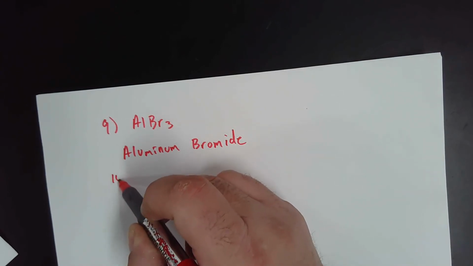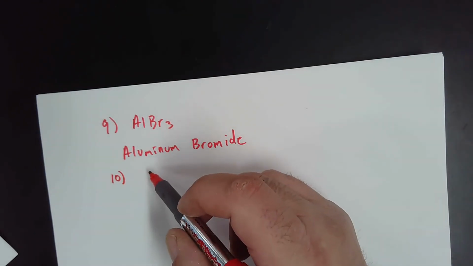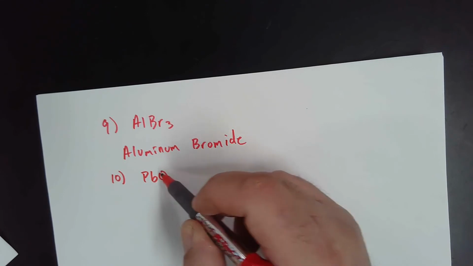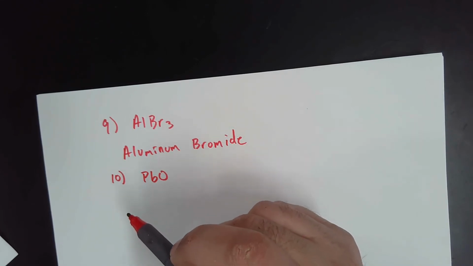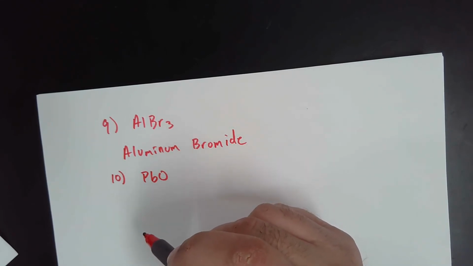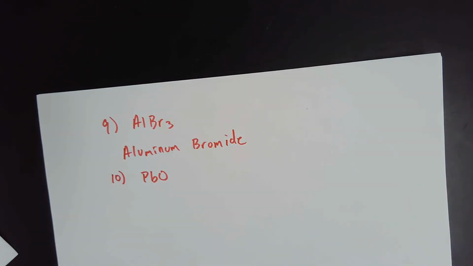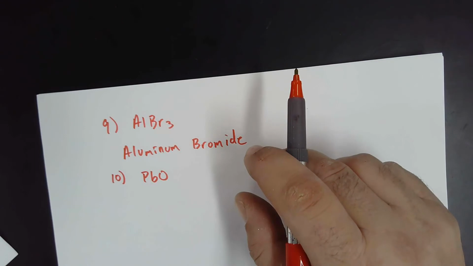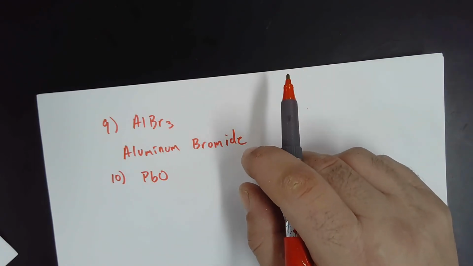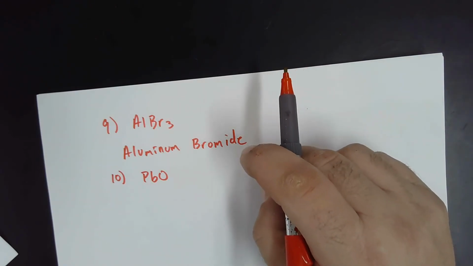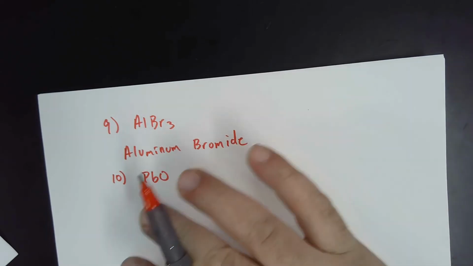All right. Number 10, PbO. Kind of got to break that one. Yes, ma'am. On the last one. Wait, how do you know if it's like -ide? If the anion is an element, you take the root of the element and add the ending -ide.